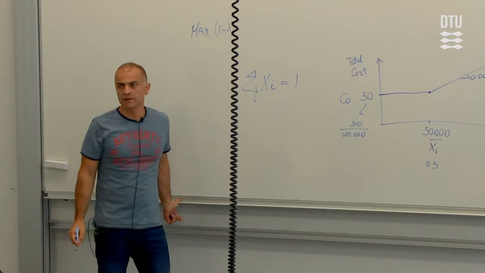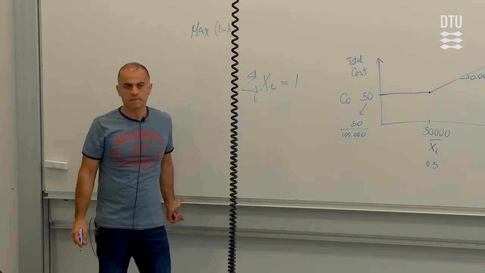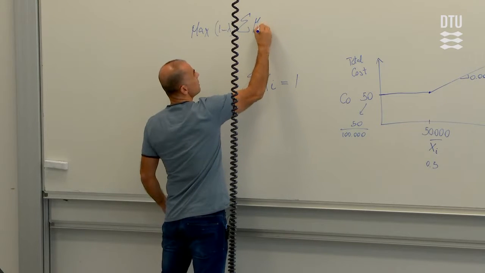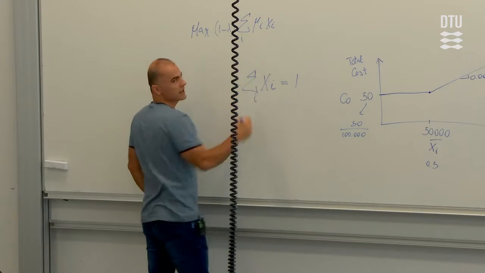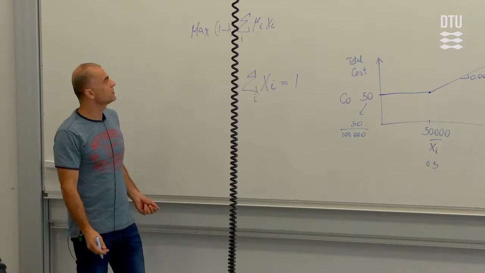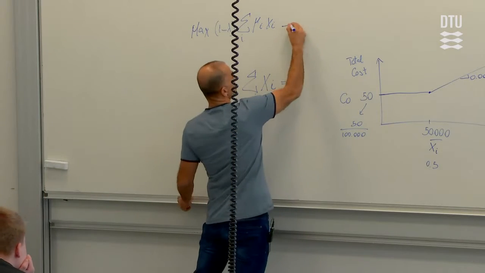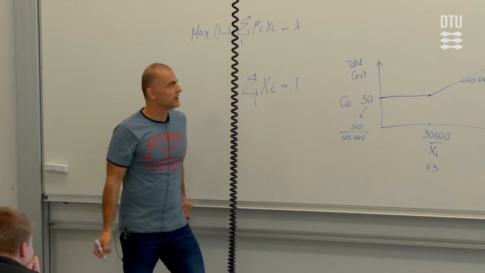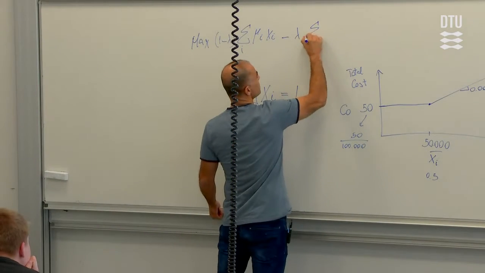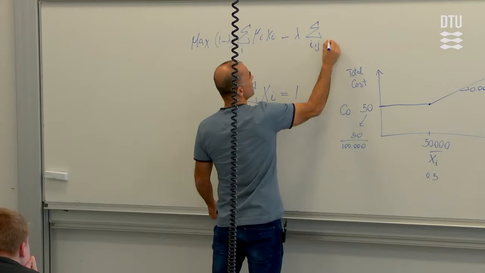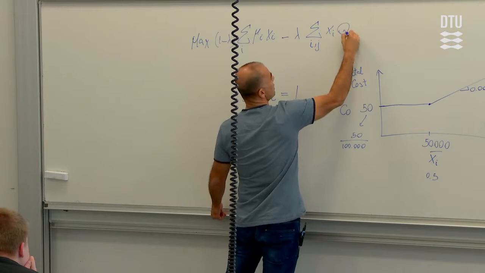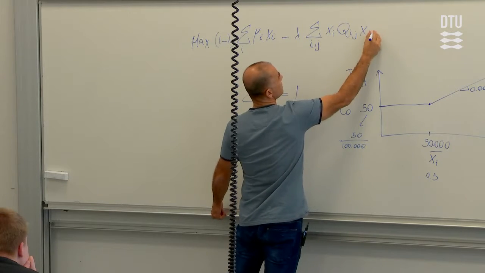What was the first term? Anybody? Yeah, the return, which is the sum of mu i times xi, right? So that's the expected return of the portfolio. And then I had a negative lambda, and what was the second term? The risk, right? Which is a double sum over i and j of xi times qij times xj.